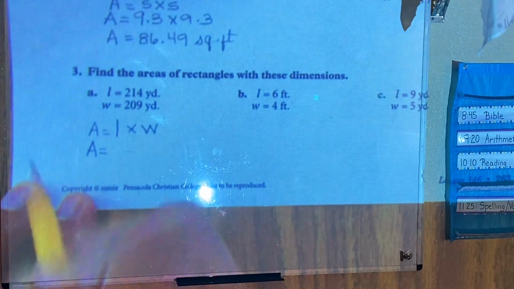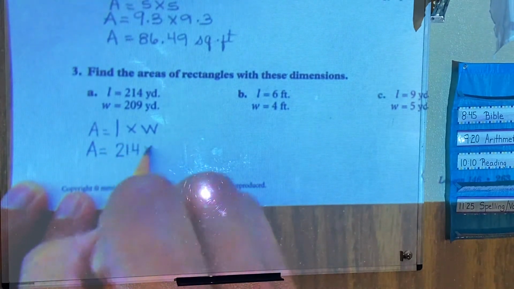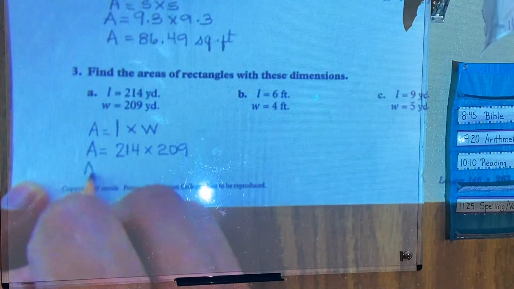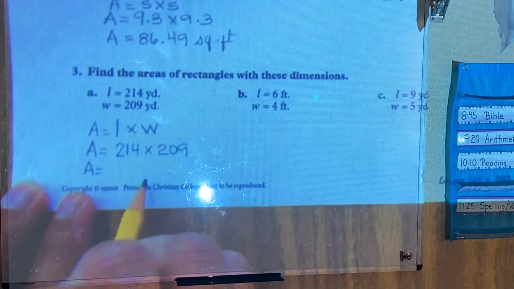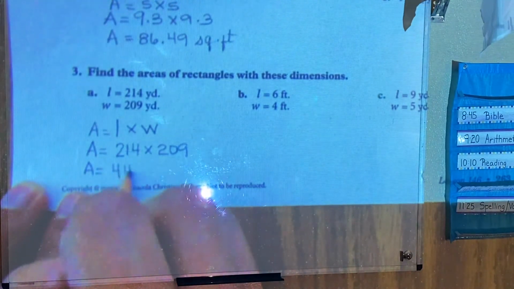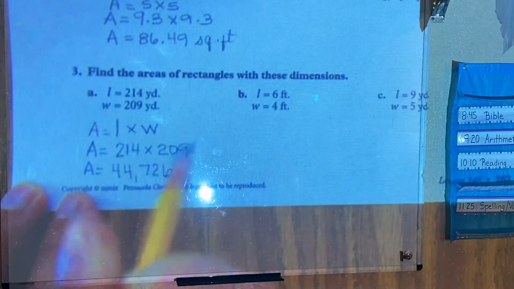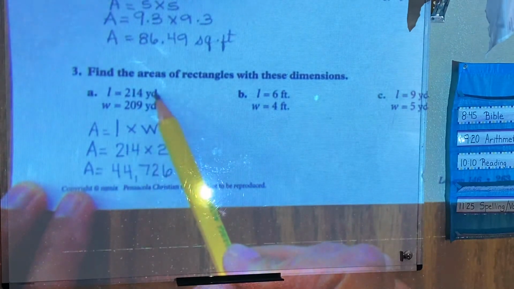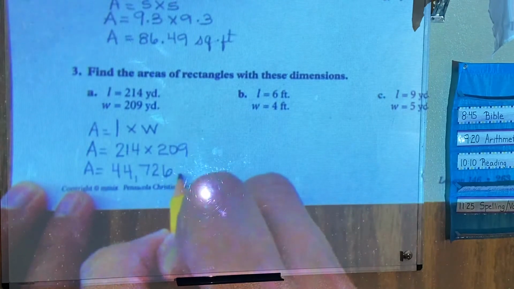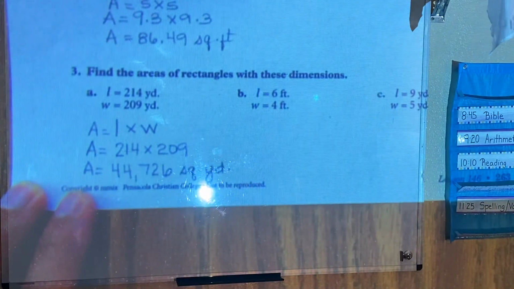So the larger number is 214 times 209. When we multiply 214 times 209, that's going to give me 44,726. Because I'm multiplying yards by yards, the answer should be square yards.